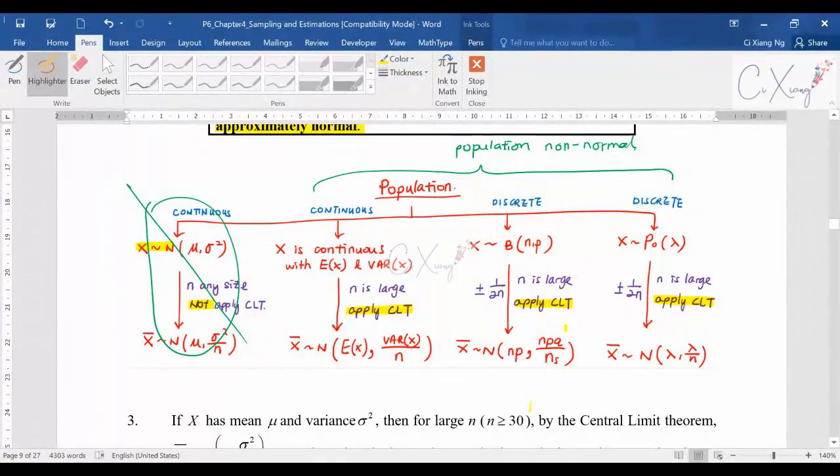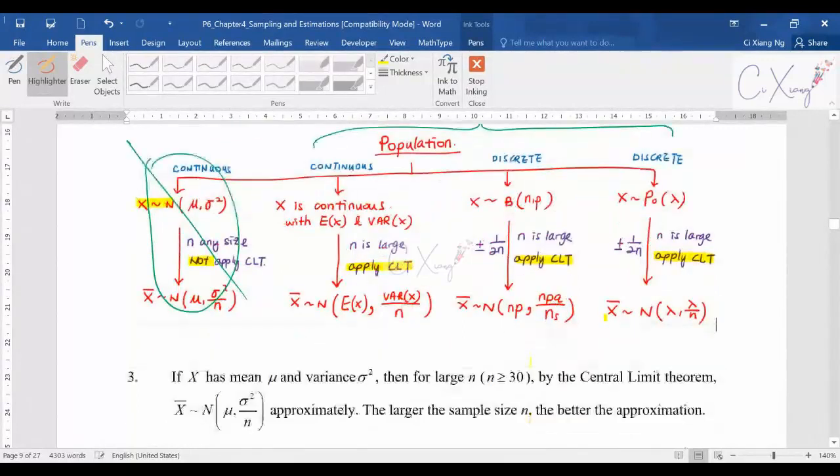We'll look at the details later. So in general, we have 4 cases, and for this video or the next video, we are going to cover the next 3 cases. For all these 3 cases we apply the central limit theorem, and you need to know that the populations in these 3 cases are not normal.